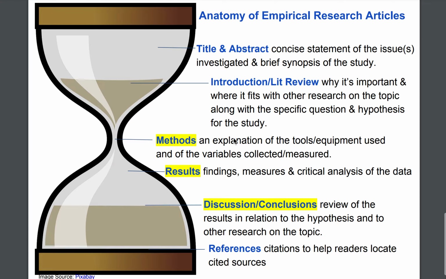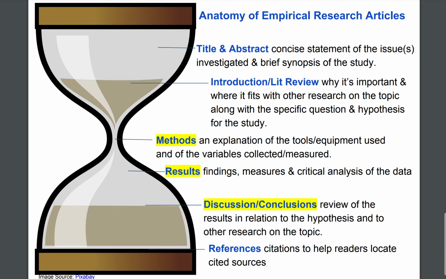Now, most empirical articles will normally contain the following 6 sections: a title and abstract, an introduction or lit review, and then of course the methods, results, and discussion. And if they reference other citations, then they'll provide those citations so that other researchers can locate that material.